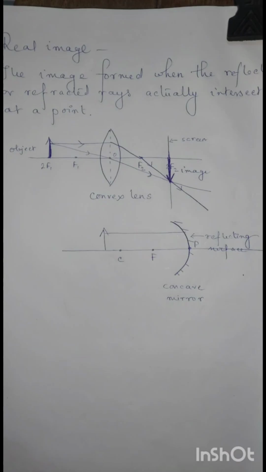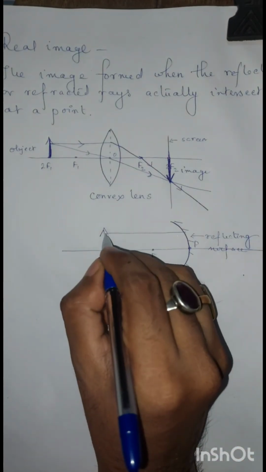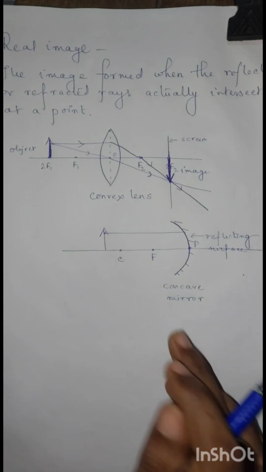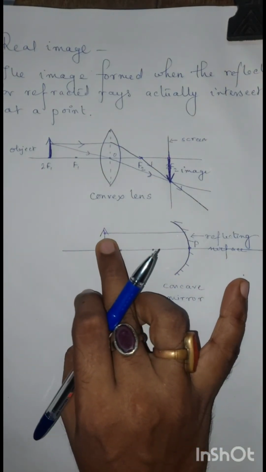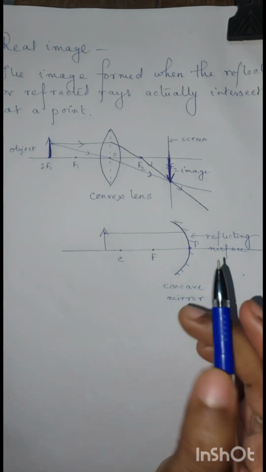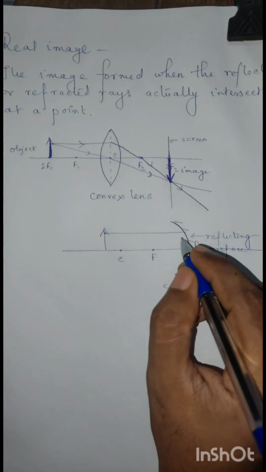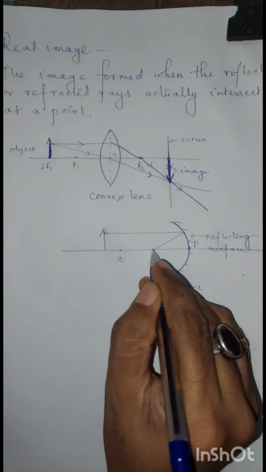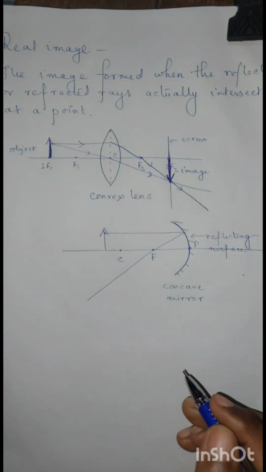One light ray coming from this point, after getting reflected from the mirror, passes through the point F, which is called focus of the mirror.